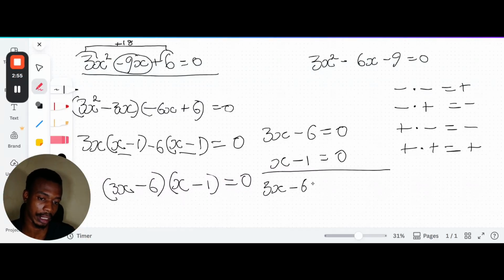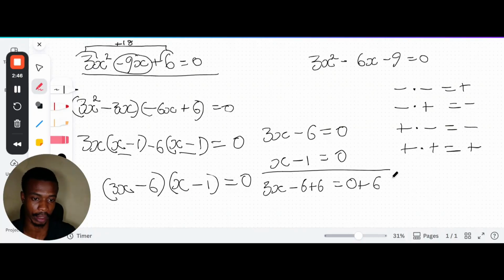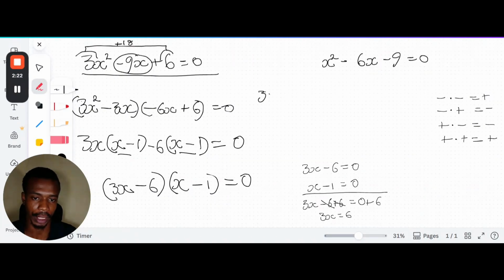3x minus 6 plus 6 is equal to 0. I added 6 here. For it to be equal, I would also have to add 6 here. Is equal to 0 plus 6. Minus 6 will cancel out plus 6. This becomes 3x is equal to 0 plus 6, which is 6. If 3x is equal to 6, now we need to take away this 3 because we want to turn this into an equation where x equals something. And how do we take away the 3? 3 is bound to x by multiplication. 3 times x is 3x.